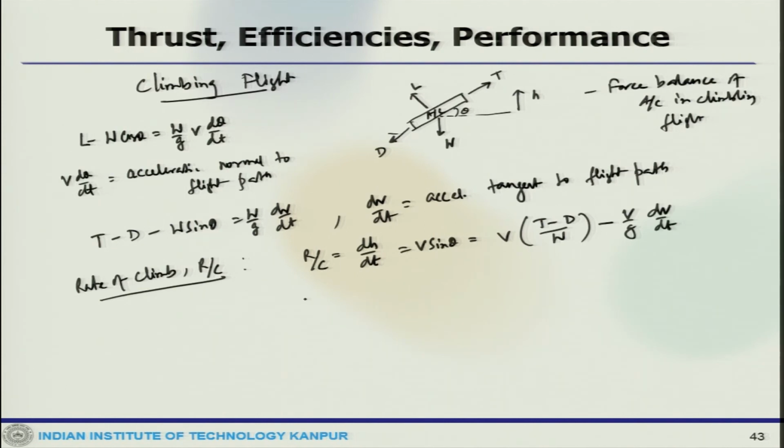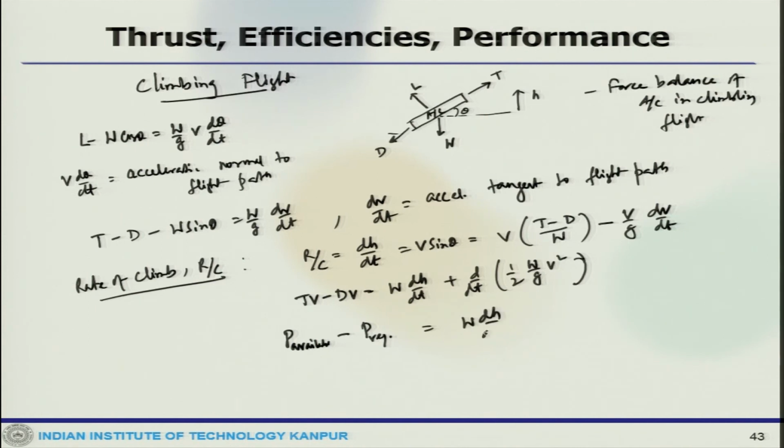So, we can write this in the form TV minus DV equals W dH by dt plus d by dt of half W by g V square. Which means power available minus power required is W dH by dt plus d by dt of half W by g V square.